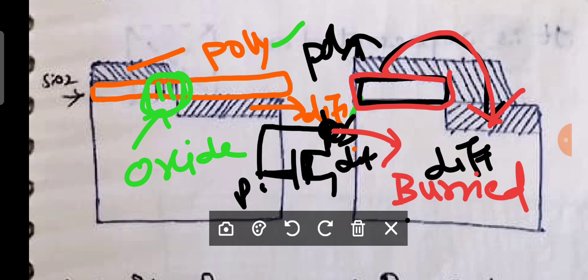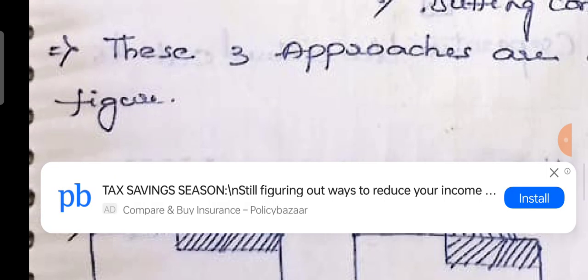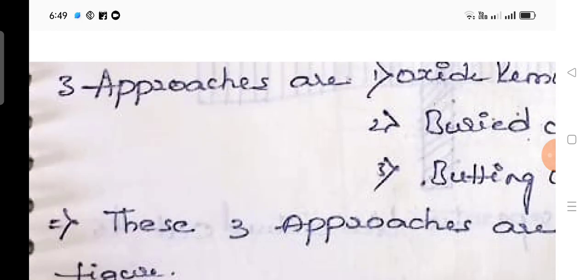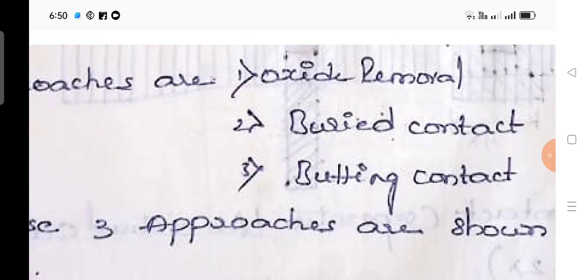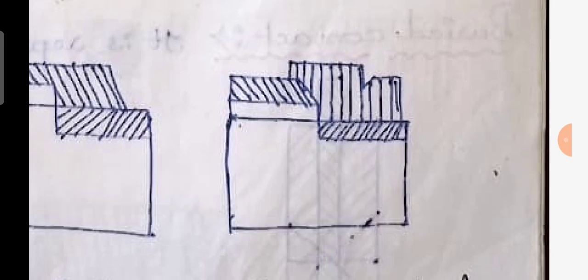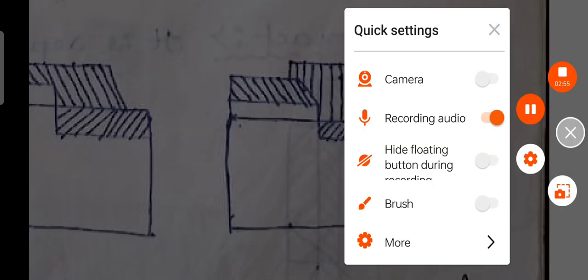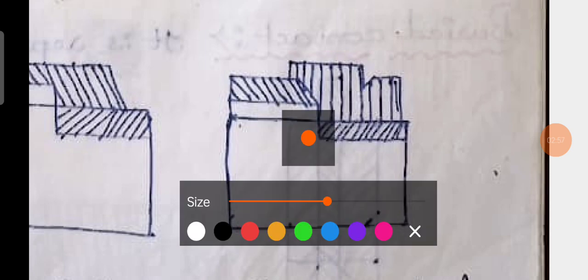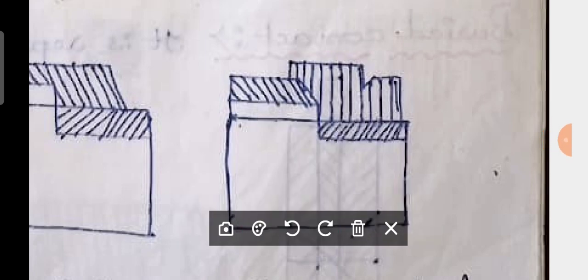Now you can observe the third type of thing. What is the third approach? Can anybody try to tell? This approach, butting contact, is the approach. Now you can observe this third type. Can anybody try to tell what is happening there? Will you please tell me by observing the figure? Absolutely. What is happening? We are not removing any oxide, we are not giving a contact.